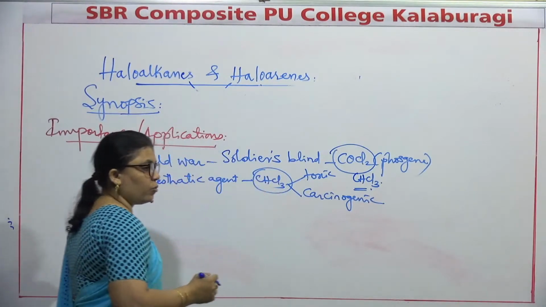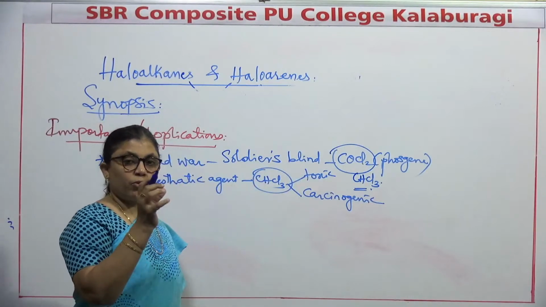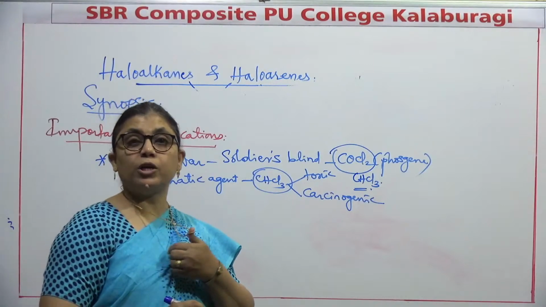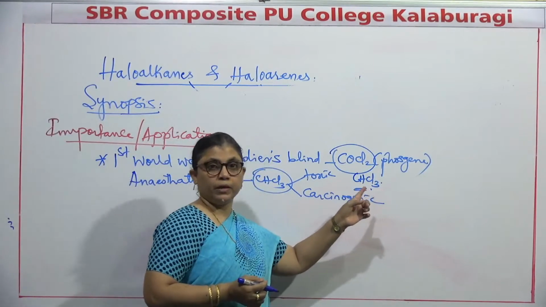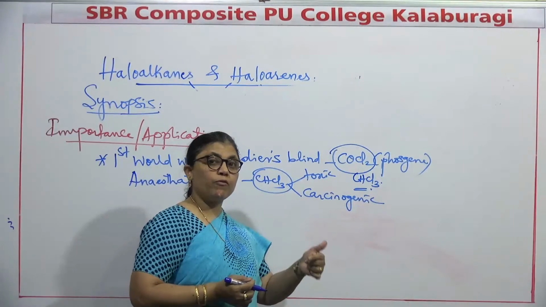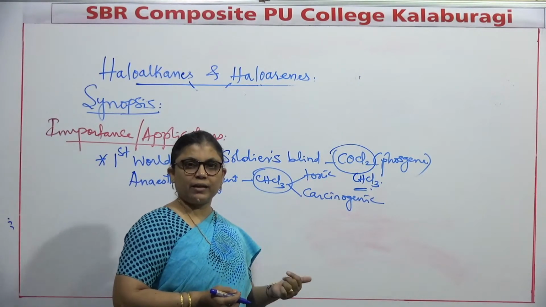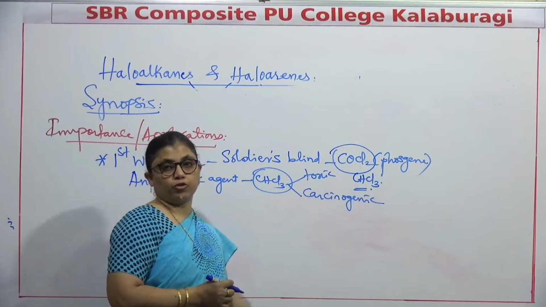So in the First World War, they used phosgene. They passed phosgene, or carbonyl chloride, in the warfare. How did they prepare carbonyl chloride? From chloroform. Even though chloroform can be used as an anesthetic agent, it is highly toxic and carcinogenic.